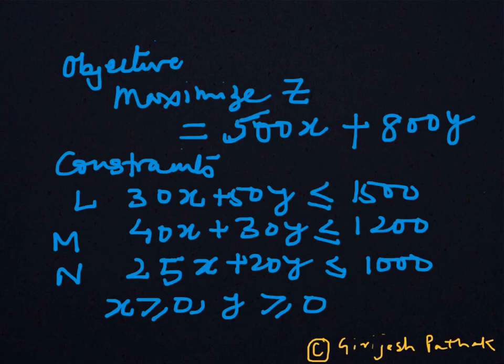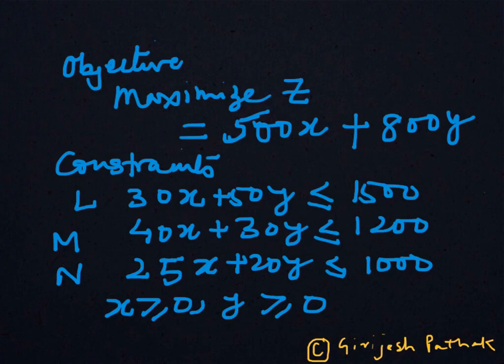Similarly, if y is the quantity of paint B produced per day, and since the profit on paint B is 800 rupees per liter, 800 into y gives the profit from paint B. So the total profit will be 500x plus 800y, and that we will be maximizing through this linear program.